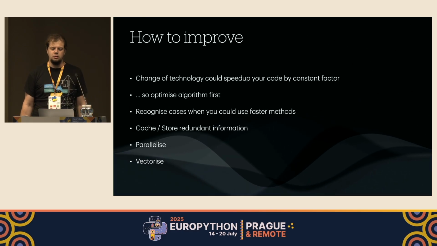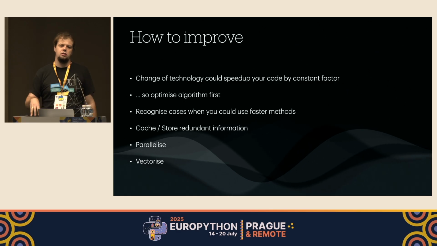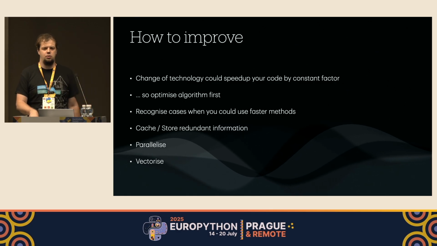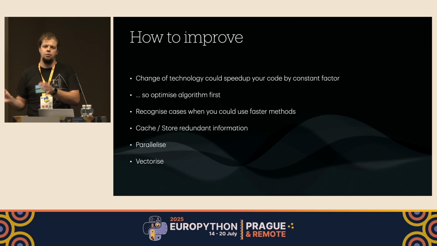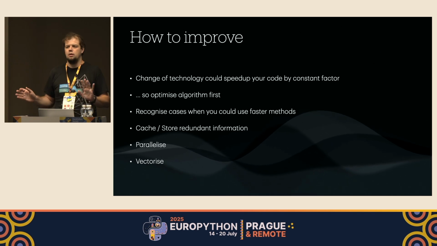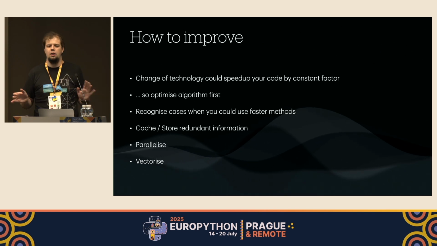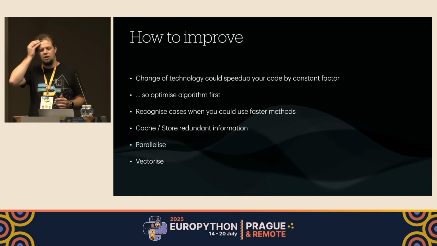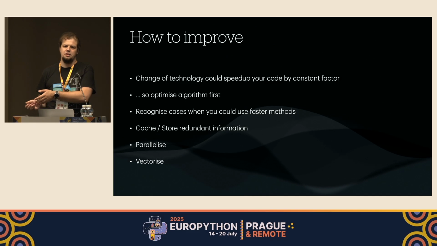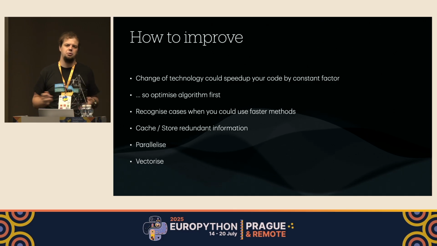So the most important thing: changing the technology could speed up your code by a constant factor. For example, it's known that Rust or C is around 100 times faster than pure Python in many operations. So okay, in your case, a 100 times speedup is enough, you will be happy.